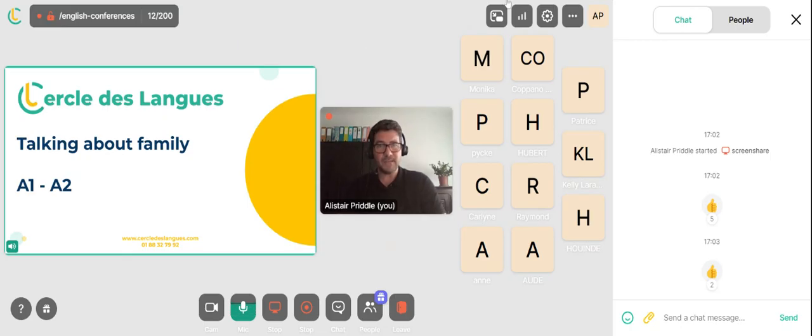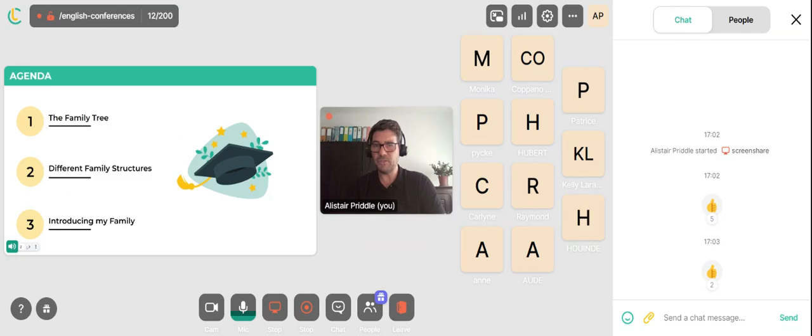So let's get started. Let's have a look at our first screen and our agenda for today. So 3 parts for the lesson today: the family tree, different family structures, and number 3, introducing my family.